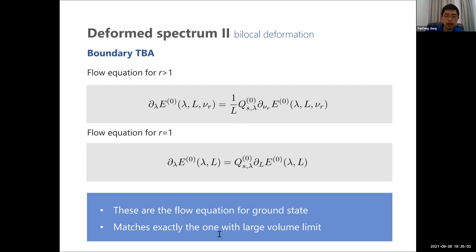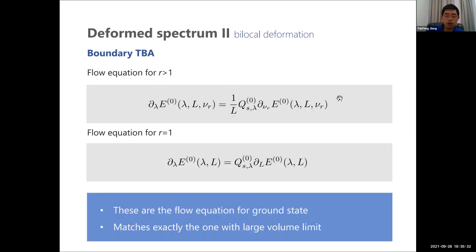So finally, we confirmed our conjecture very nicely by using the TBA approach in the finite volume. These equations are for the ground state, but nevertheless, they match exactly the ones in the large volume limit. So I think it's fairly easy to convince ourselves that this should be a kind of universal flow equation for the spectrum.